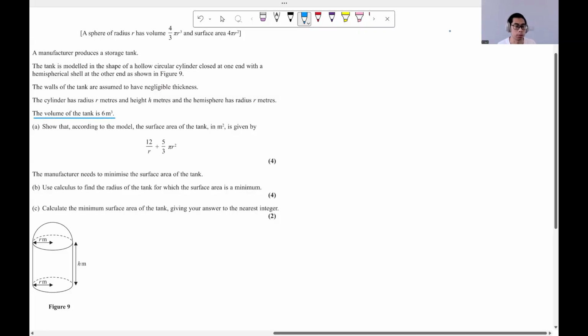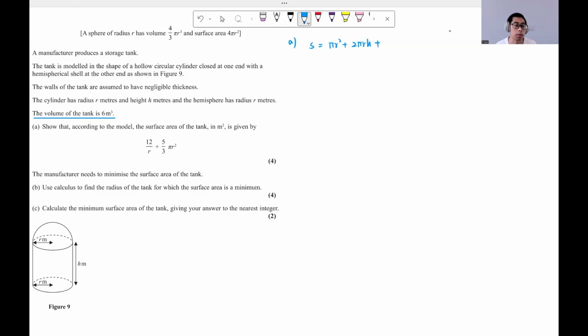Part A wants us to show that the surface area is given by this. First, I'm going to set up the surface area equation to see what's missing. S is equal to the bottom circle, pi r squared, and then the curved part of the cylinder, 2 pi r times h.